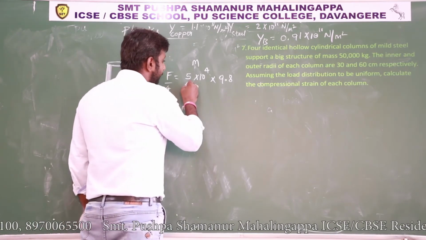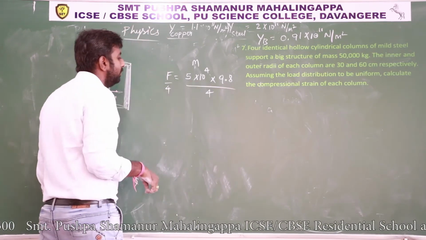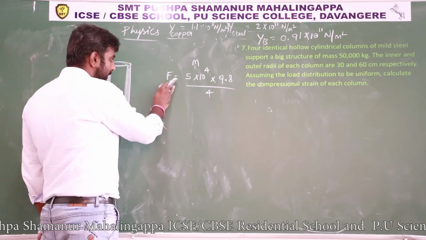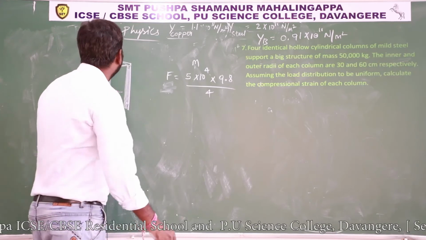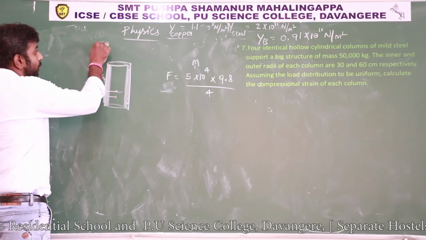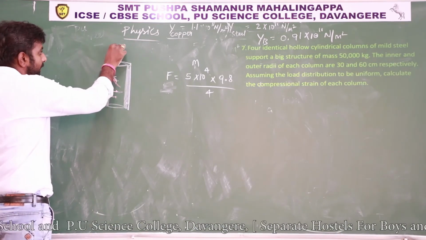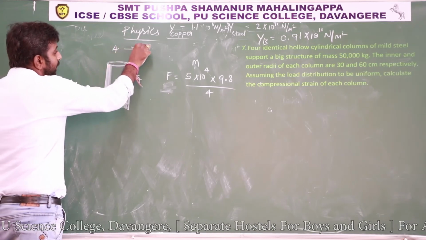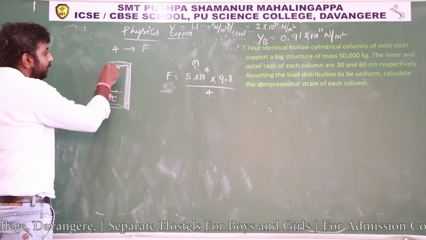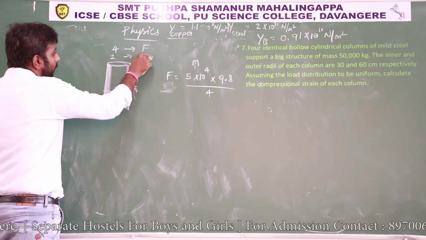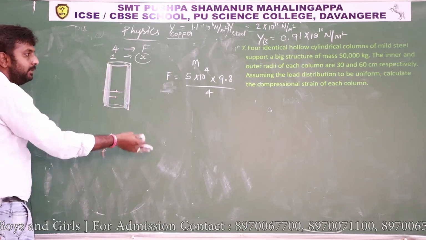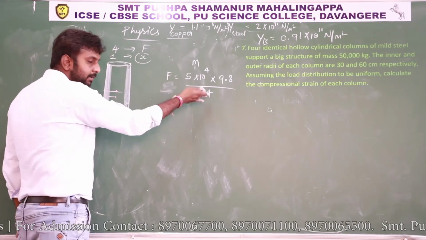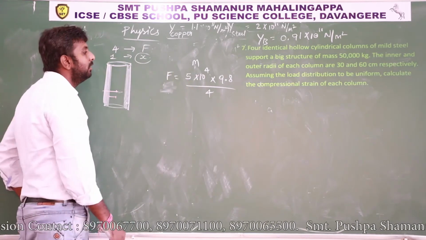So divided by 4, that will become the value of force for one cylinder.